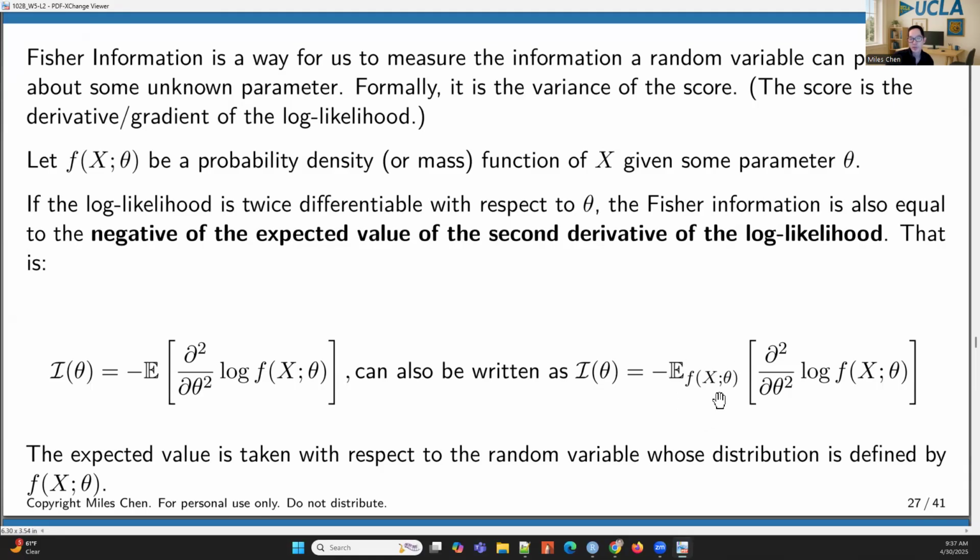This is the expected value taken with respect to the random variable. We're not taking the expected value with respect to the parameter theta, but with respect to the random variable, and the distribution of that random variable is defined by the function, which uses theta as part of its definition.